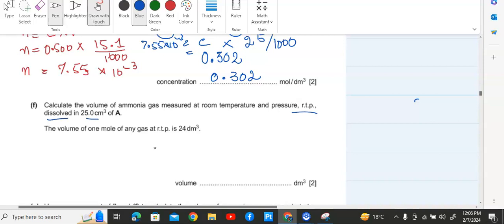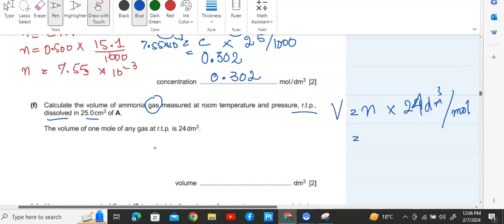When they are talking about ammonia gas, you just need to use your molar gas volume, which states that at room temperature and pressure, each gas, for the same number of moles, occupies the same volume, that is 24 dm cube. So 24 dm cube is occupied by 1 mole.